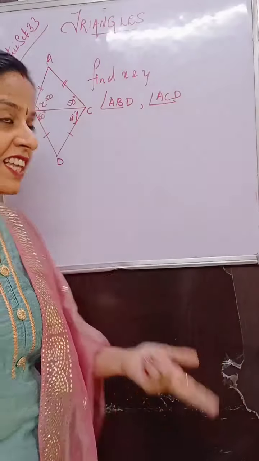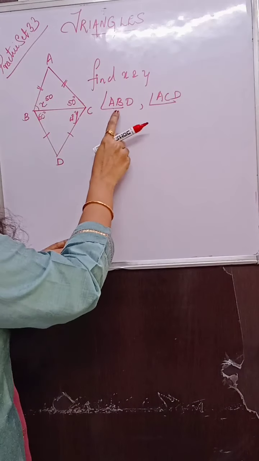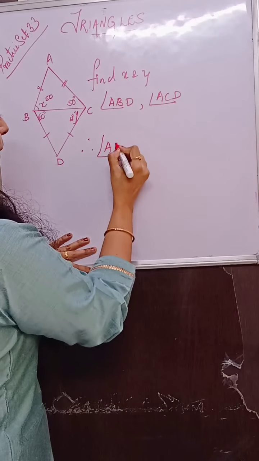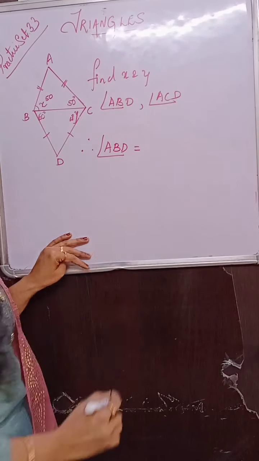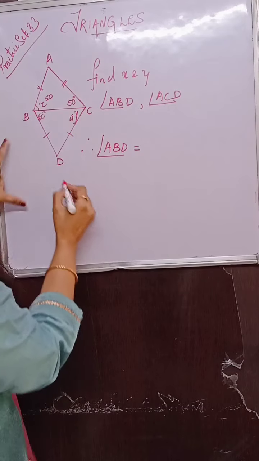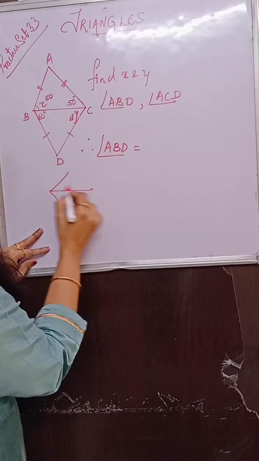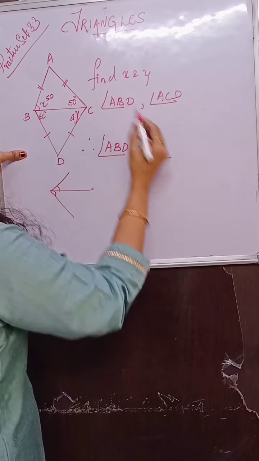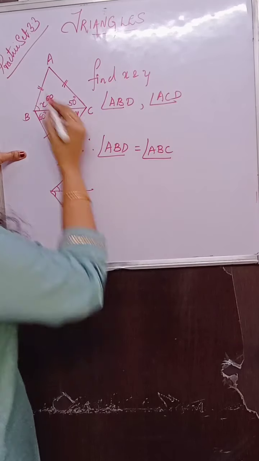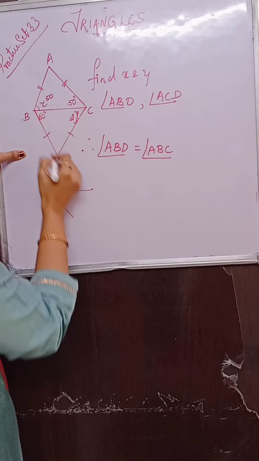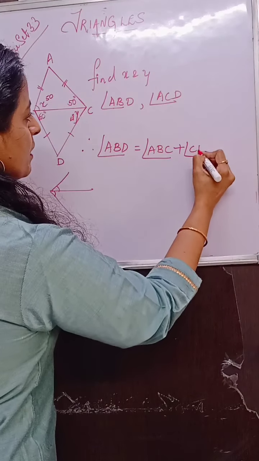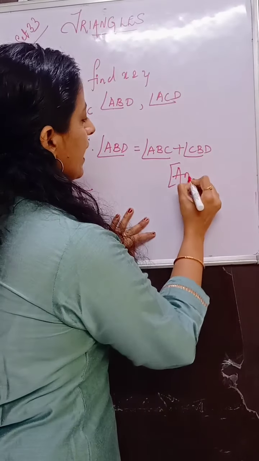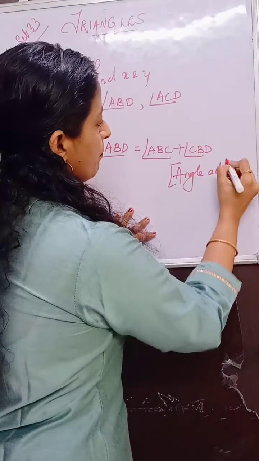Now what is the next thing asked? What is the measure of ABD and ACD? So therefore angle ABD, this big angle, is equal to two small angles: angle ABC plus angle CBD. Here the reason you will write is angle addition property.